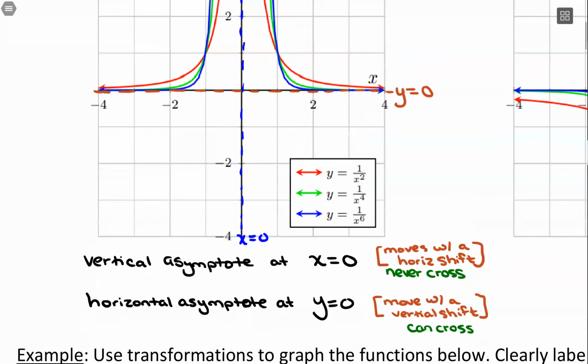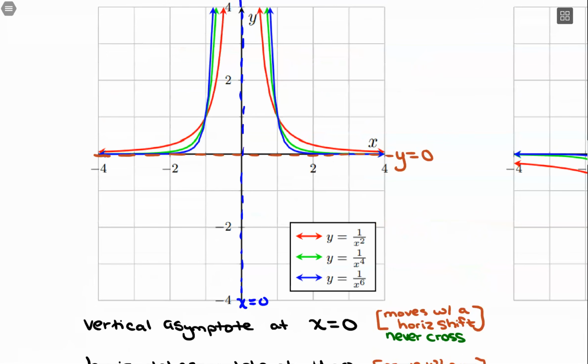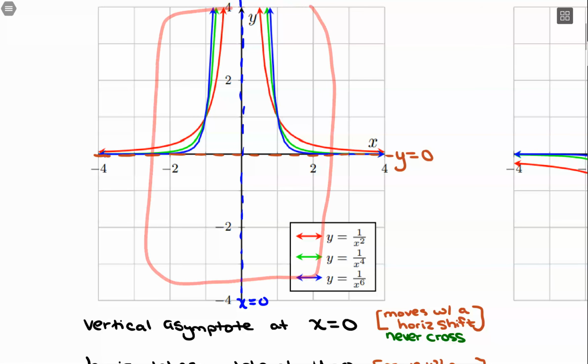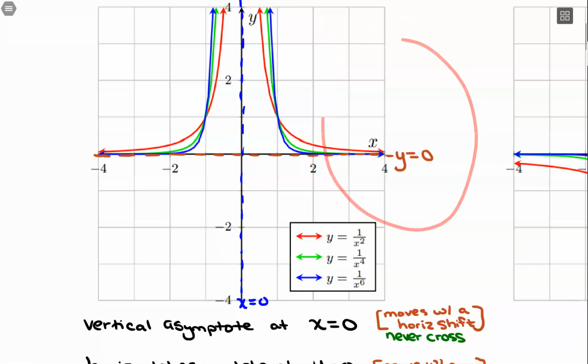What we're more focusing on with the horizontal asymptote is the long run behavior of the graph. As we talked about with our polynomials, we're going to do that here too, where the short run behavior is what's happening in here, like zeros and vertical asymptotes, and we'll talk about some other pieces. But long run behavior is what's happening out here at x equals negative infinity and x equals positive infinity.